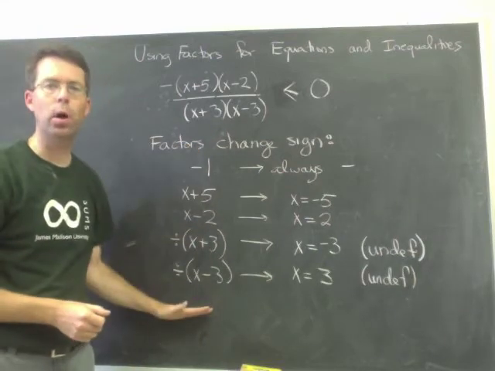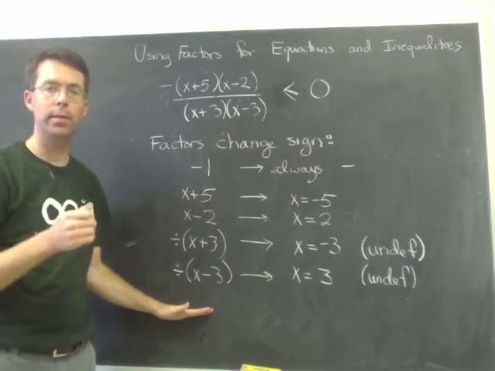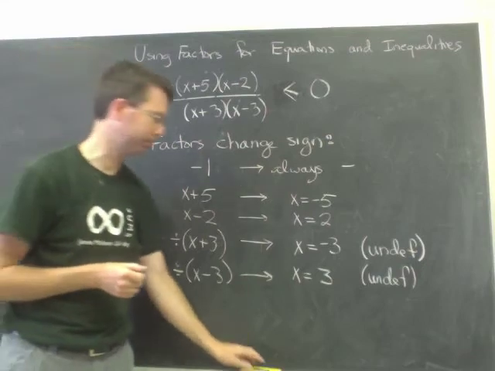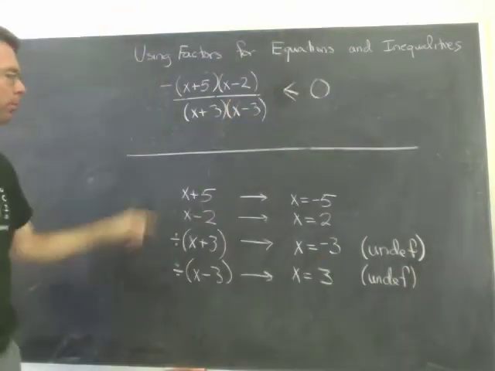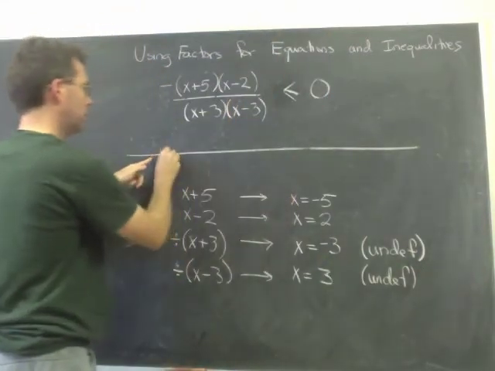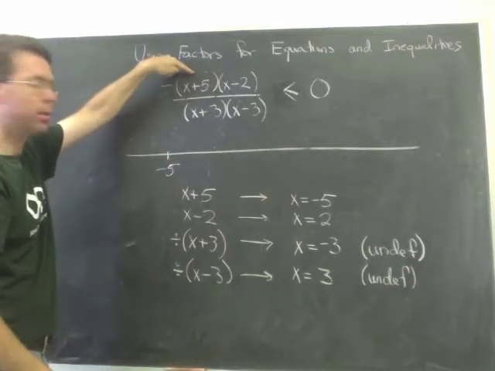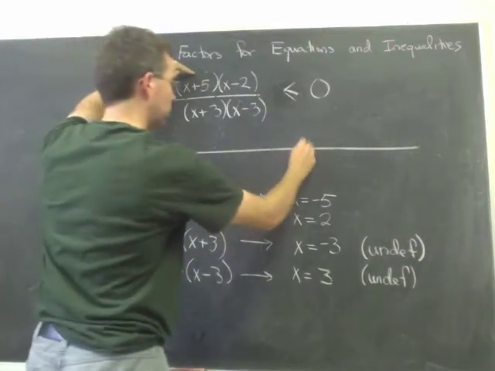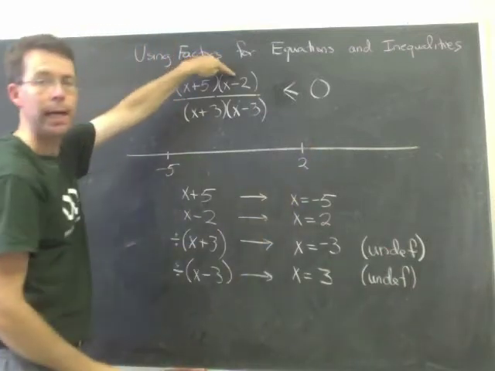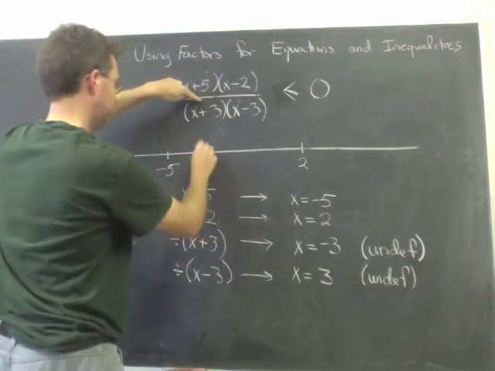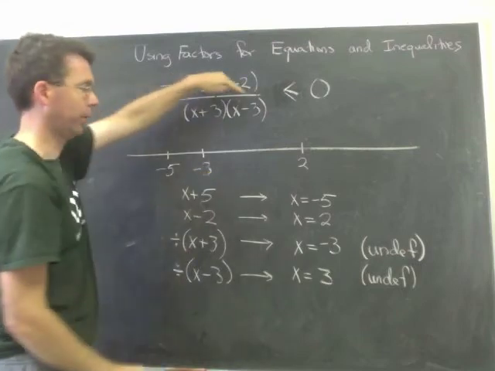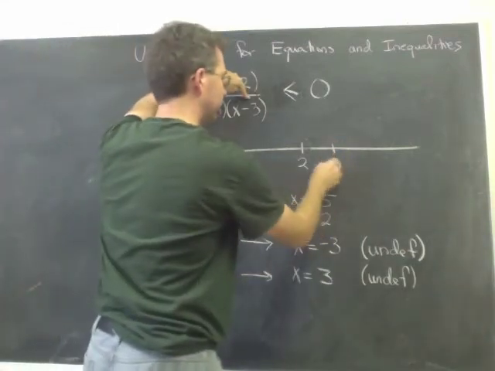I usually do all of this in my head, and then I summarize it on a number line. A factor changes at negative 5, at 2, at negative 3, and at 3.